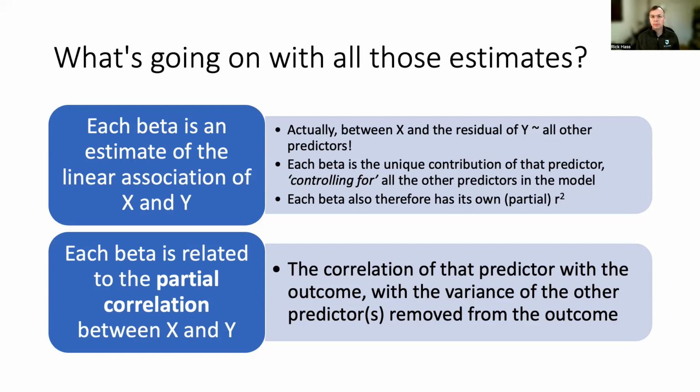So when we add more predictors to a multiple regression model, we're trying to adjust for the presence of those variables, which can be very helpful in observational research where we aren't able to randomize group assignment.